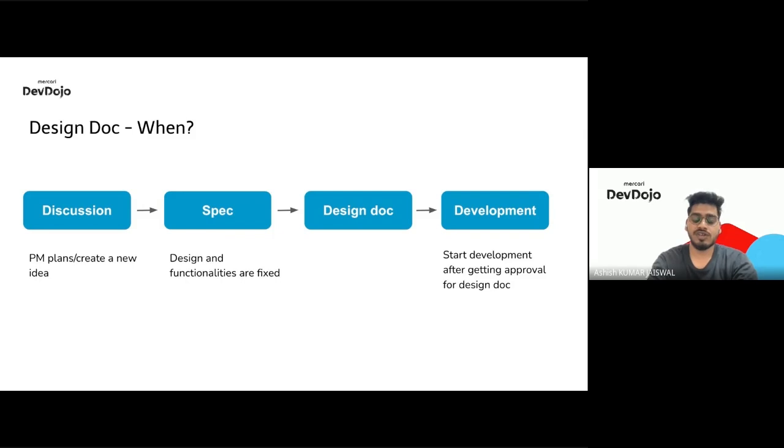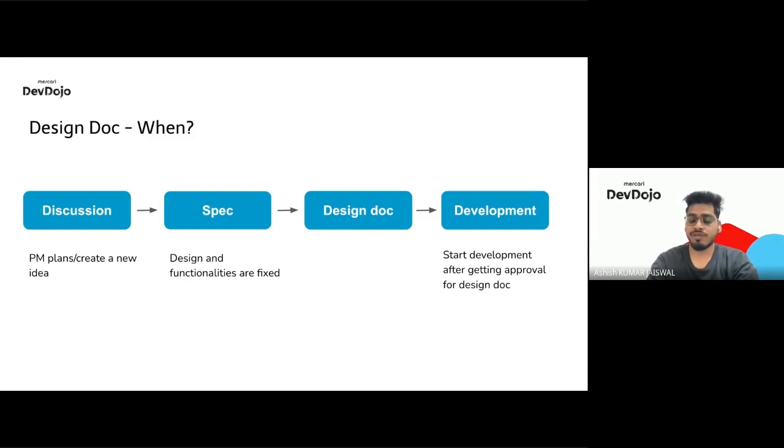But mostly it starts when we have an idea created by a PM, mostly a product manager. Then that idea gets some design, and the spec is finalized. So when you have a project with a proper spec and finalized design, you are ready for implementation, right?